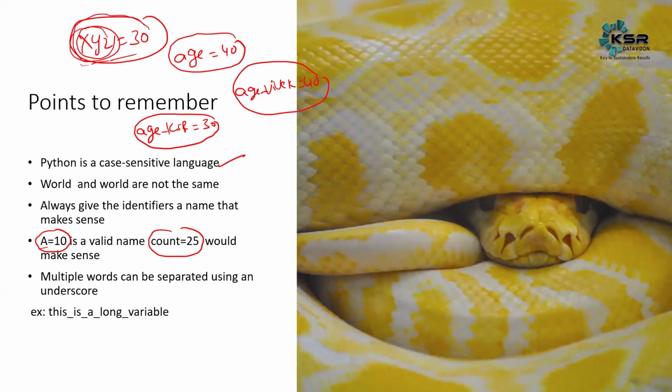If I write xyz is equal to 30, what is the meaning of xyz? Of course, technically, it is an identifier. However, it does not make sense. Technically it is valid, but what is the meaning?